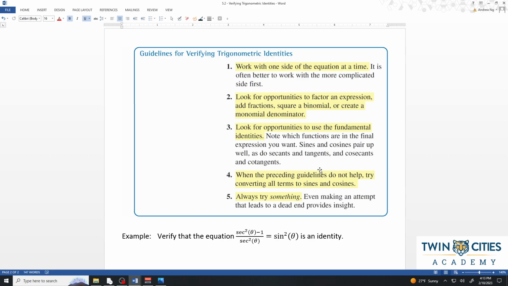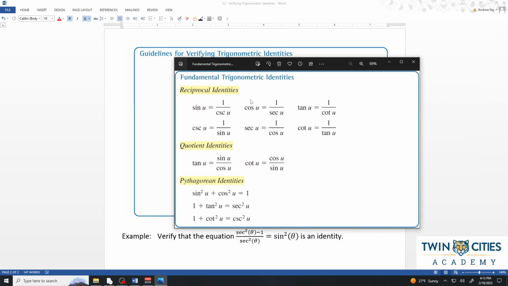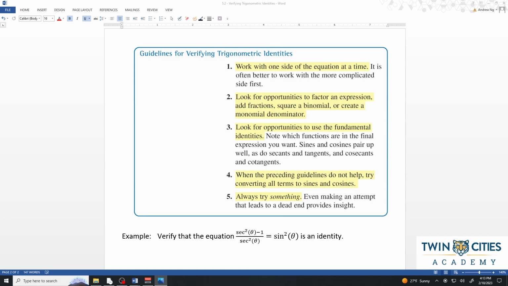3, look for opportunities to use the fundamental identities. So that is these identities here. A lot of times we can use the reciprocal identities, the quotient identities, and the Pythagorean identities. 4, when the preceding guidelines do not help, so when 1, 2, and 3 don't seem to work out, try converting everything to sines and cosines.